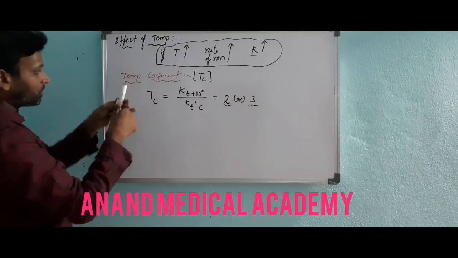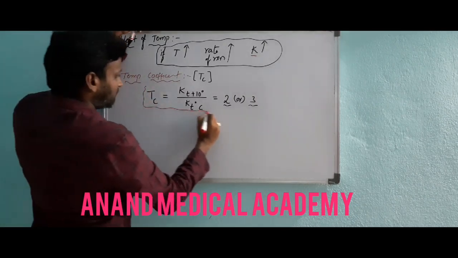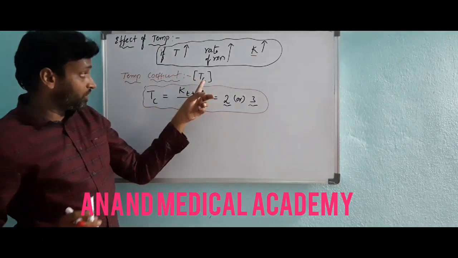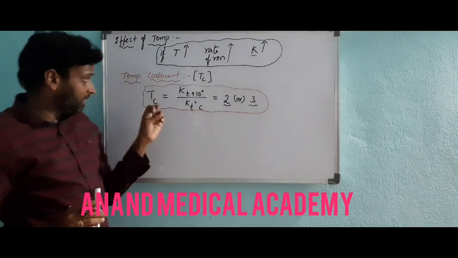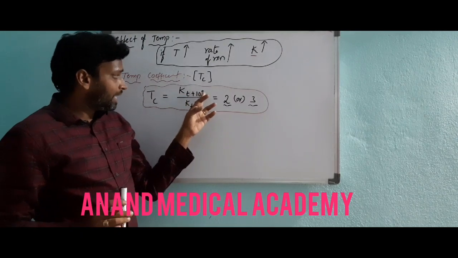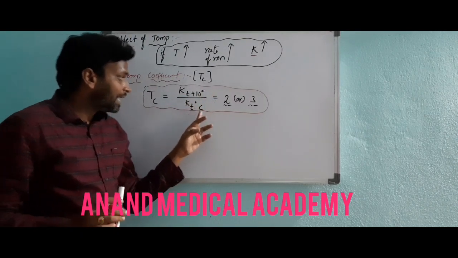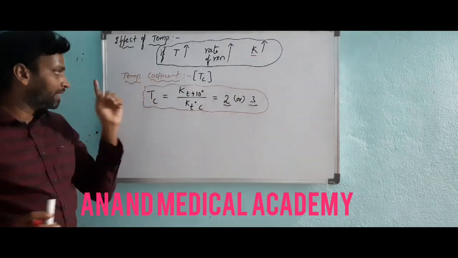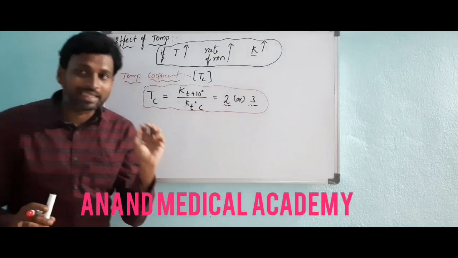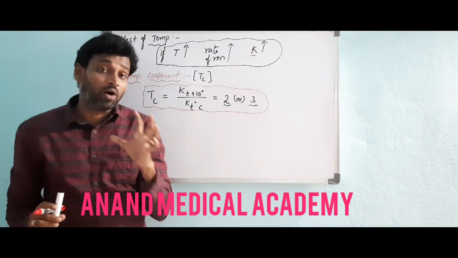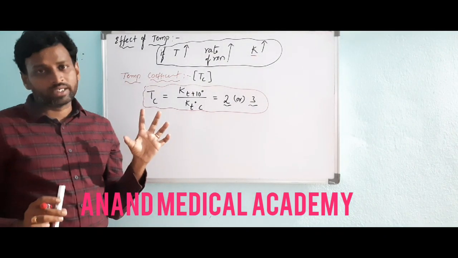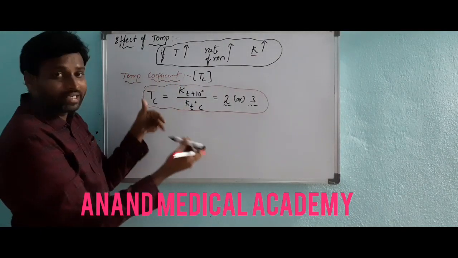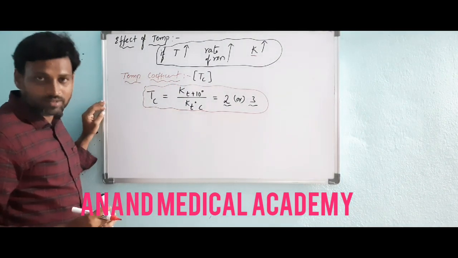So temperature coefficient you have. We represent it with Tc. Tc is equal to K(T+10) by K(T) degrees Celsius is equal to 2 or 3. I repeat, temperature coefficient is the ratio of rate constants or ratio of specific rates which exactly differed by 10 degrees Celsius.